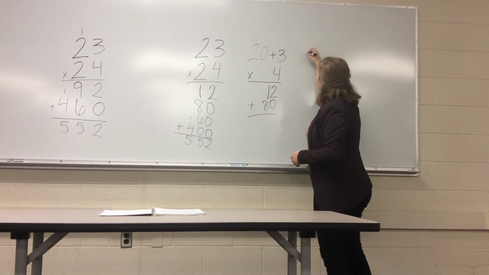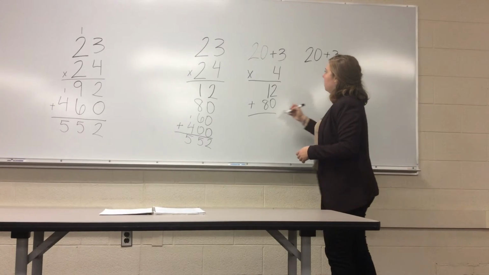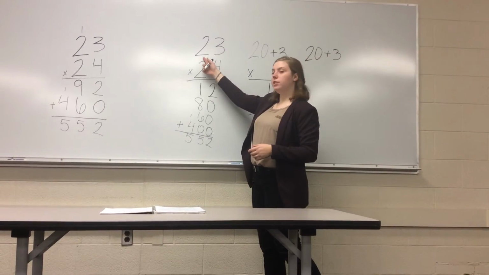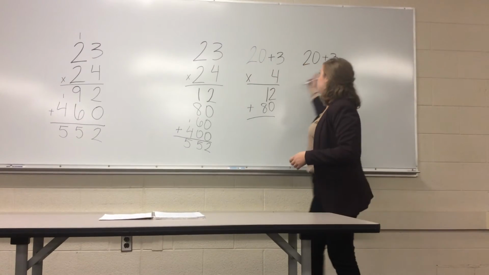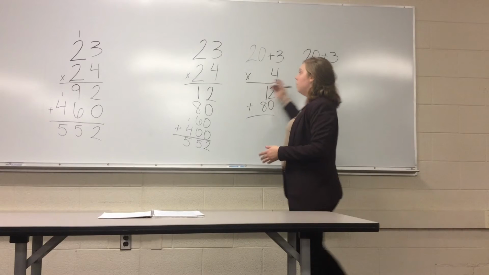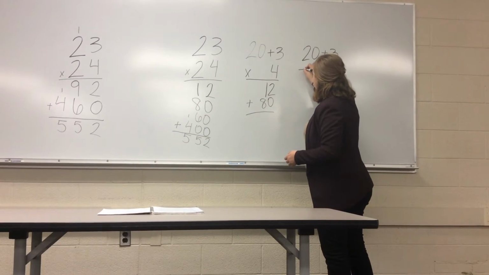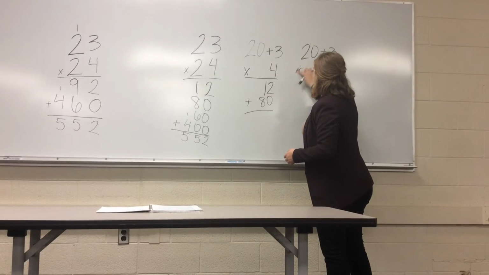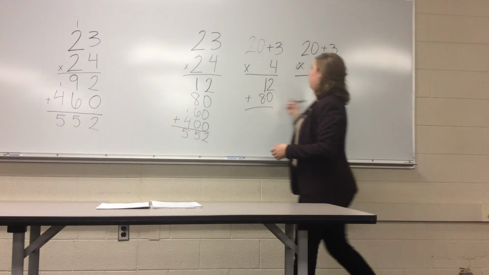So we're going to have 20 plus 3 again, because this is representing the tens spot, which is the 2, so 20, and this is the units, which is 3. And then we're going to multiply it by the 20, because the 2 is in the tens spot.